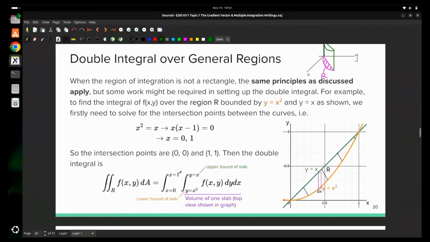So the outer integral is like you are summing up all the slabs, like you sum up the first slab, to the second slab, to the third slab, to the fourth slab, and so on and so forth. So this one is the outer integral. The inner integral gives you one slab, the volume of one slab only.